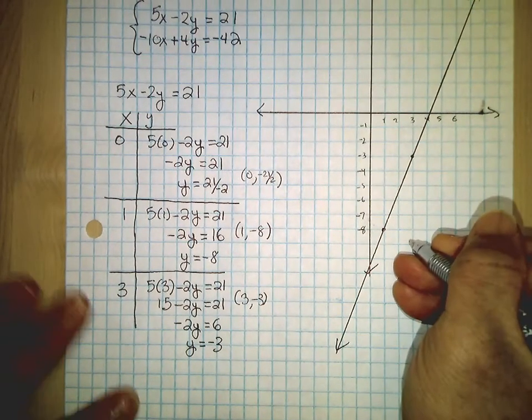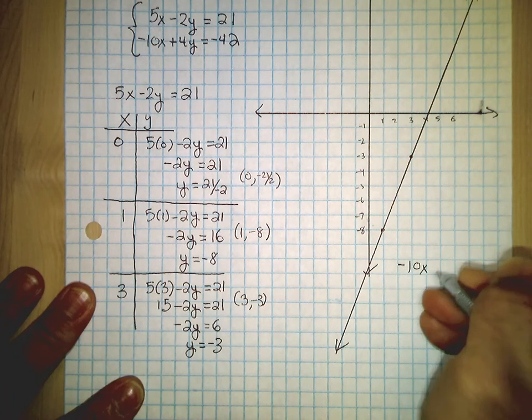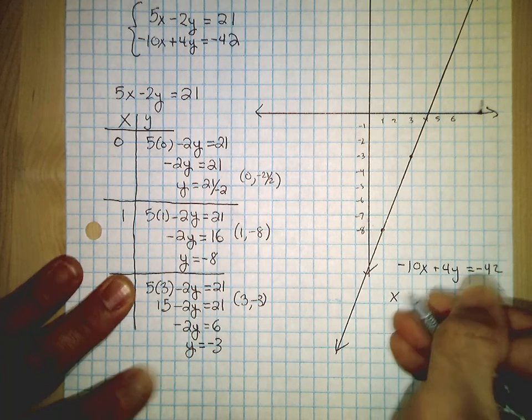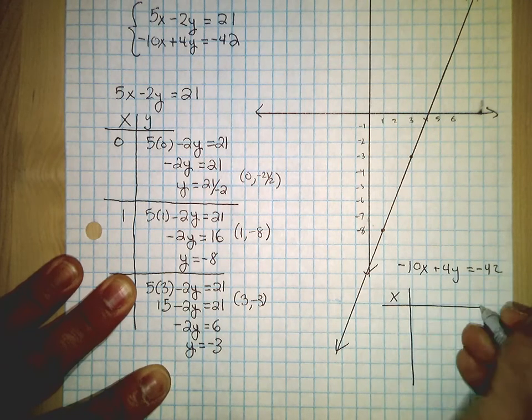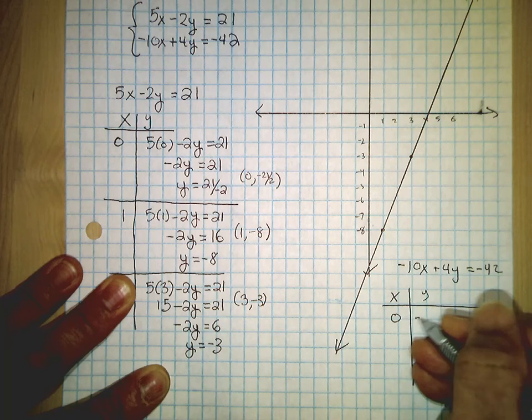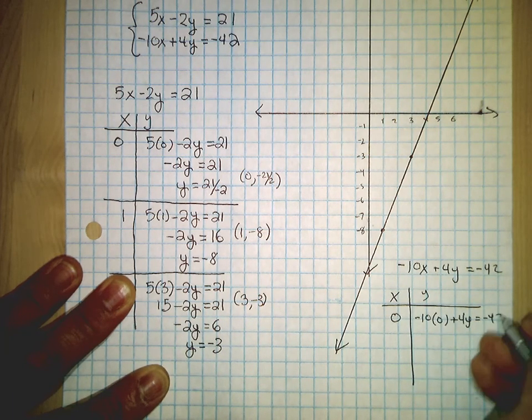Let's graph the second line here. -10x plus 4y is -42. So x and then y, so 0, and negative 10 times 0 plus 4y is negative 42.